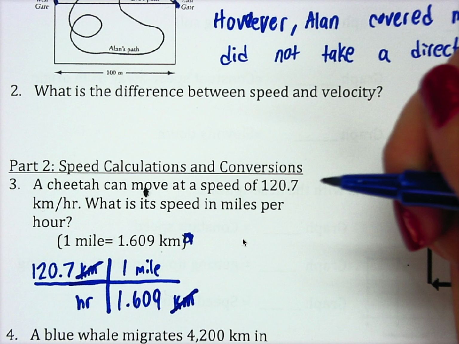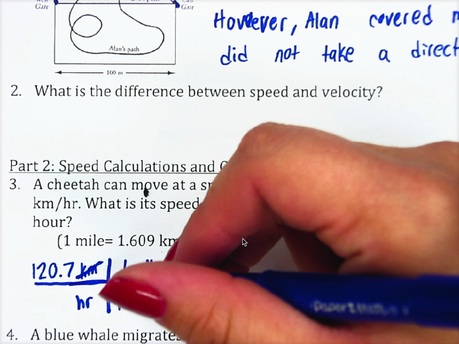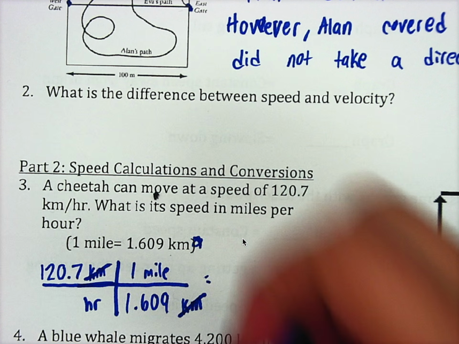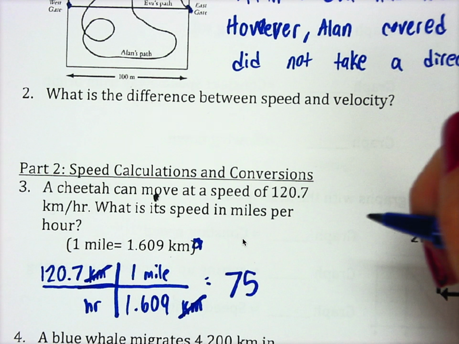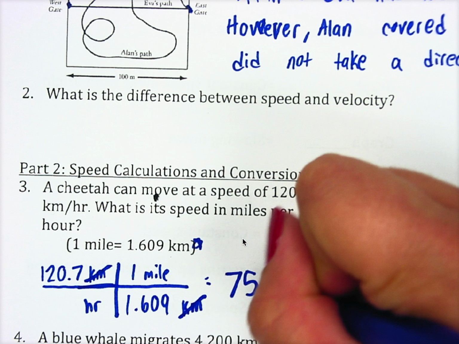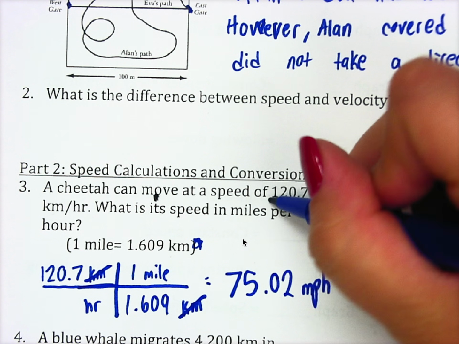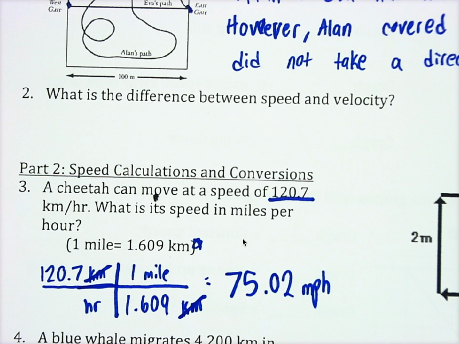Kilometers and kilometers cancel out. I'm left with miles over hours, or miles per hour. And I plug that into my calculator, 120.7 divided by 1.609, and I get 75.02 miles per hour. Keeping it at 4 sig figs since this number had 4 sig figs.